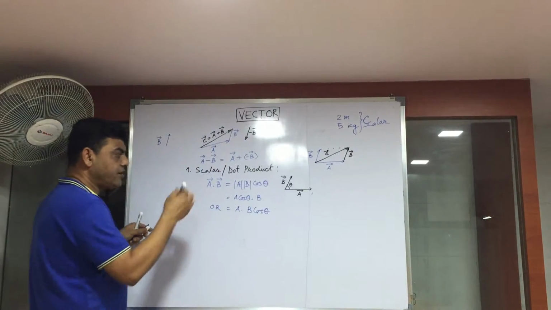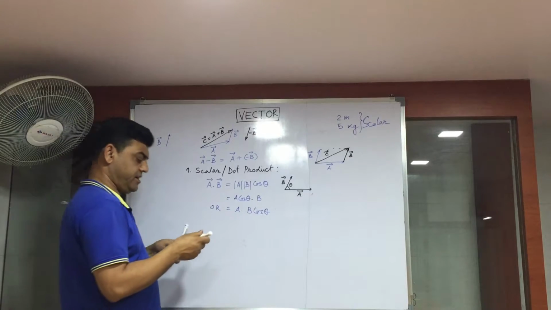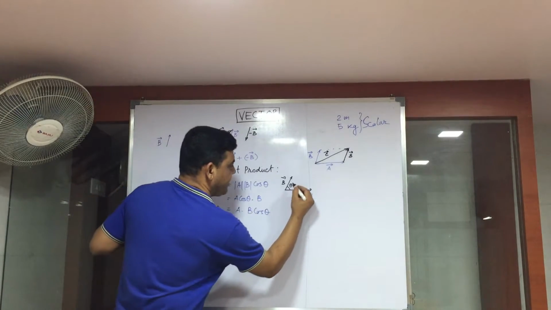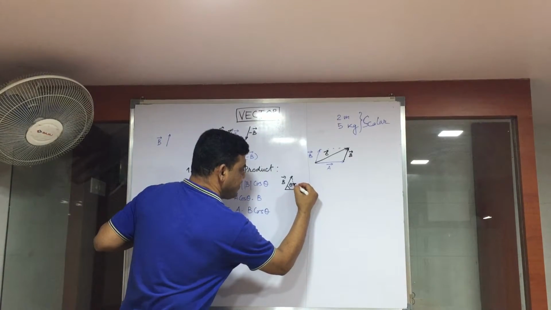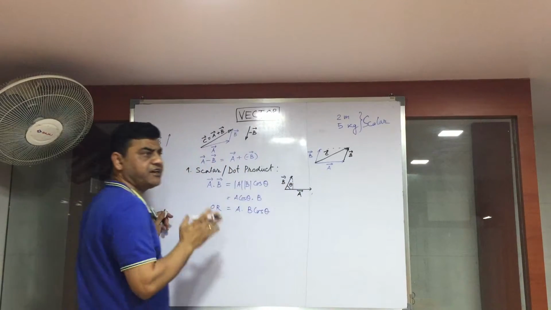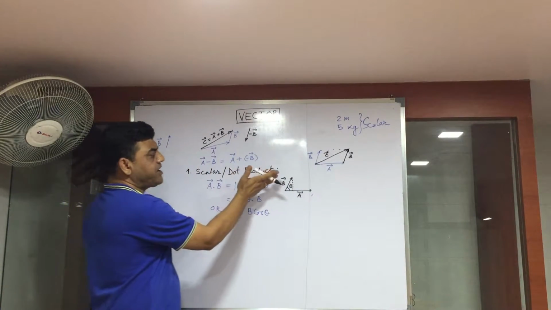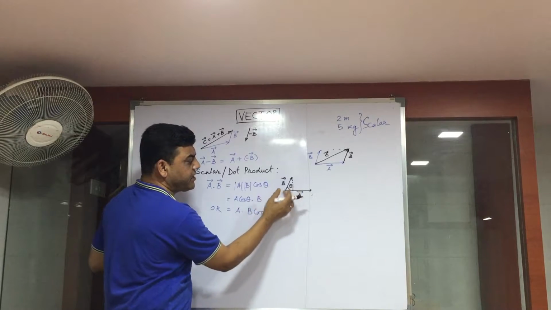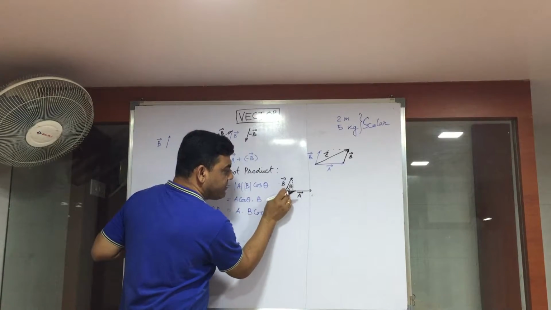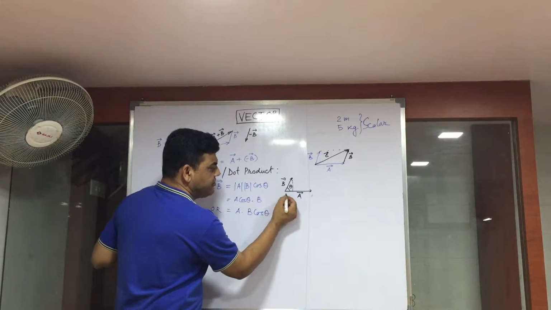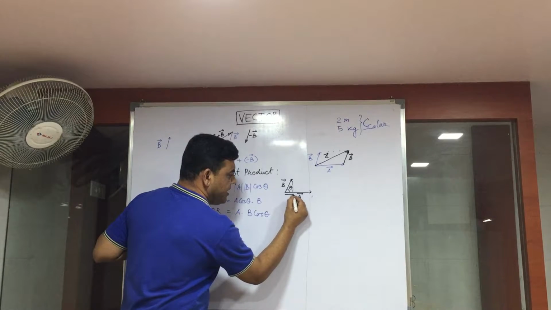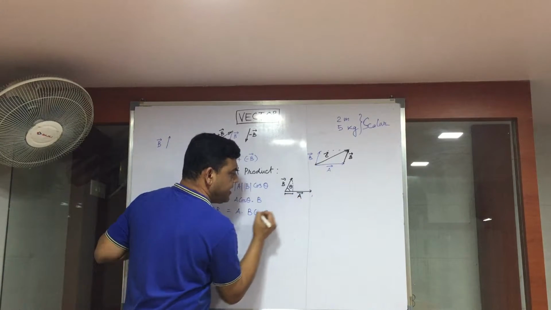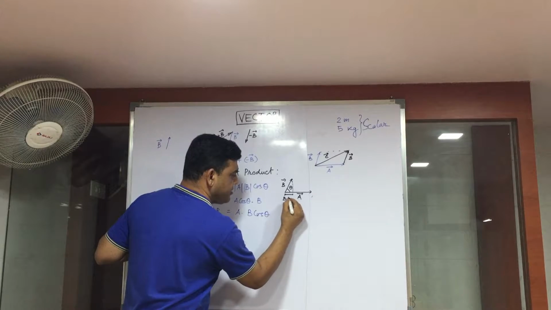If I take the component of B vector along vector A, what does that mean? As I have explained before, it is decomposing a vector into its component vector. So I am taking only the component of B vector along A, and the angle between them is theta. It's a trigonometric relation definition. So this is the length, which is nothing but B cos theta.